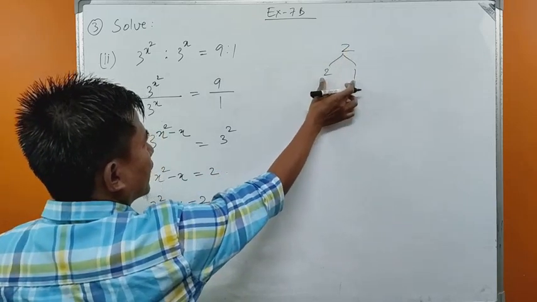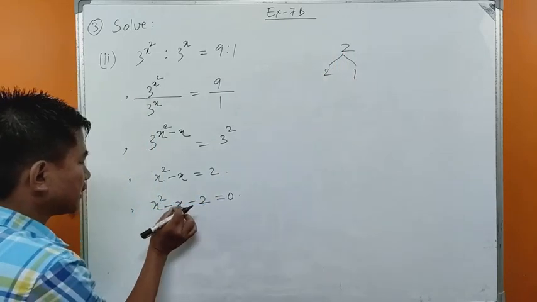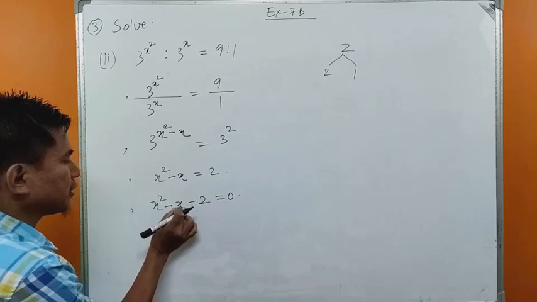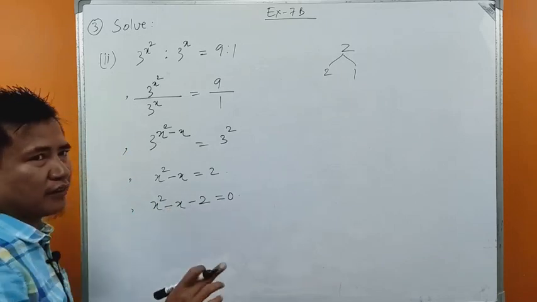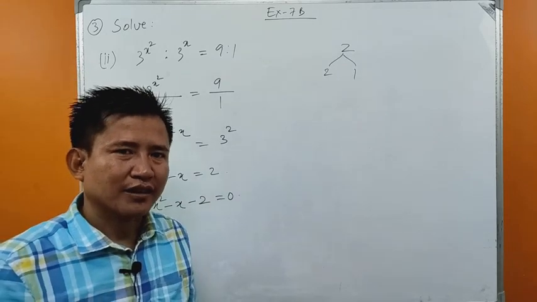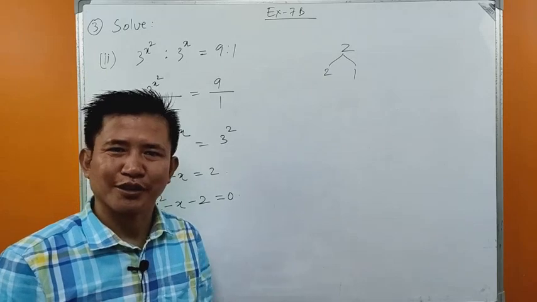Now when I subtract or add these two factors, I should get the coefficient of the middle term, that is the coefficient of x. Whether to add or subtract depends upon the situation. It is not mandatory that you should always add or always subtract.